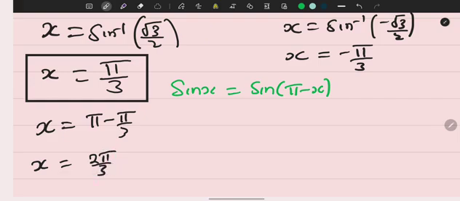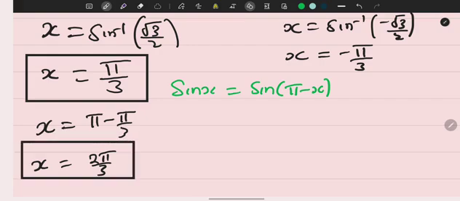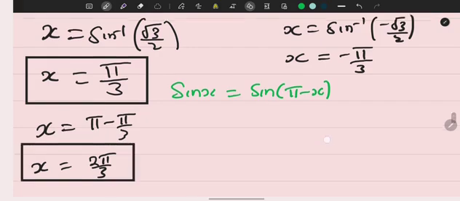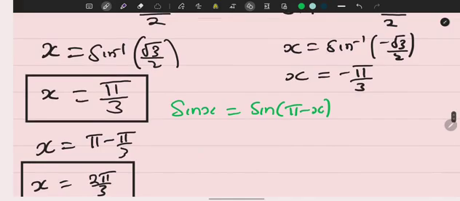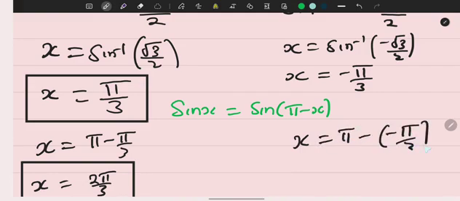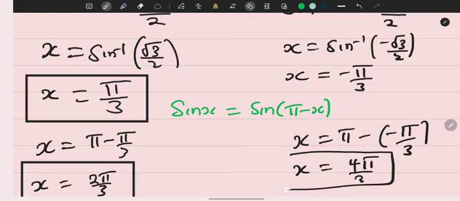And 2 pi over 3 is within the domain, where the domain is from 0 to 2 pi. Alright, so this is another answer to the given question. So let's consider this. Okay, so this is going to give us x equals pi minus, with the other value minus pi over 3, that's plus pi over 3, and that will be 4 pi over 3. And this is another answer to the given question.